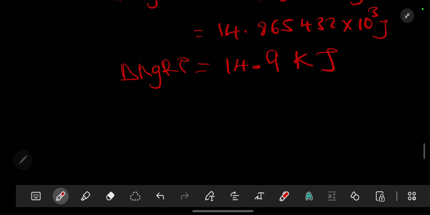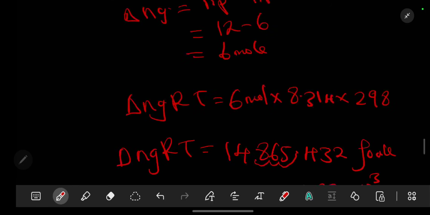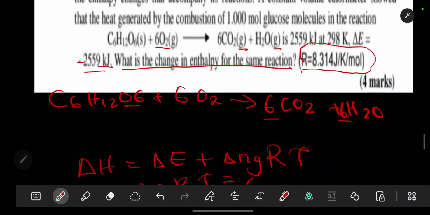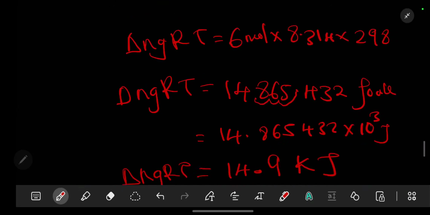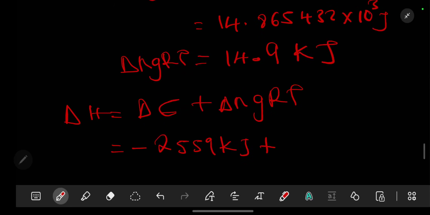Therefore the change in enthalpy will be equal to the change in internal energy plus the change in n_g RT. The change in internal energy is negative 2559 kilojoules, plus our 14.9 kilojoules.